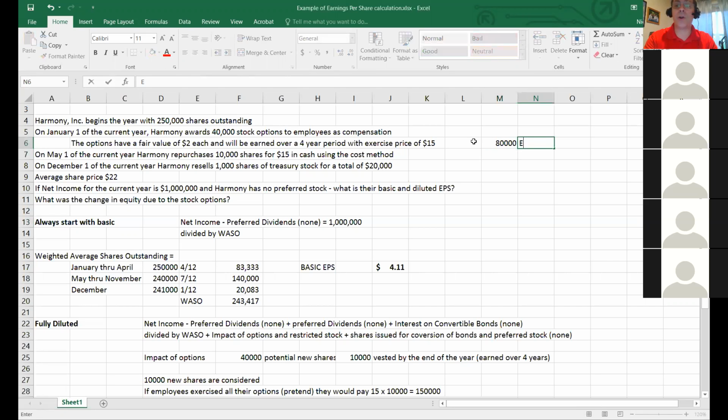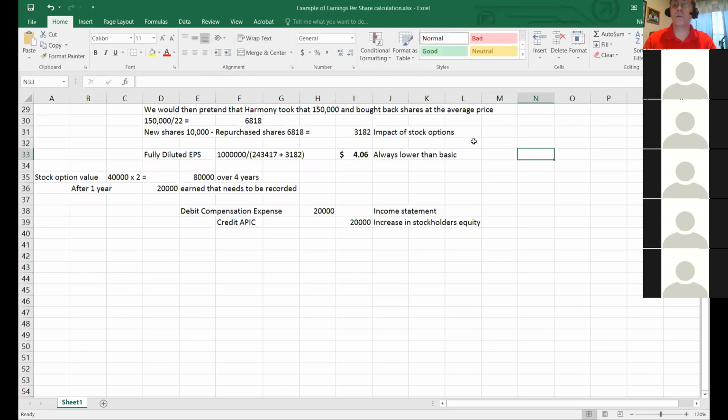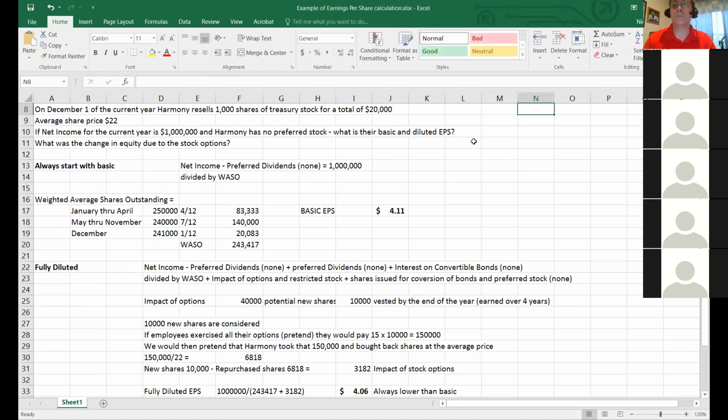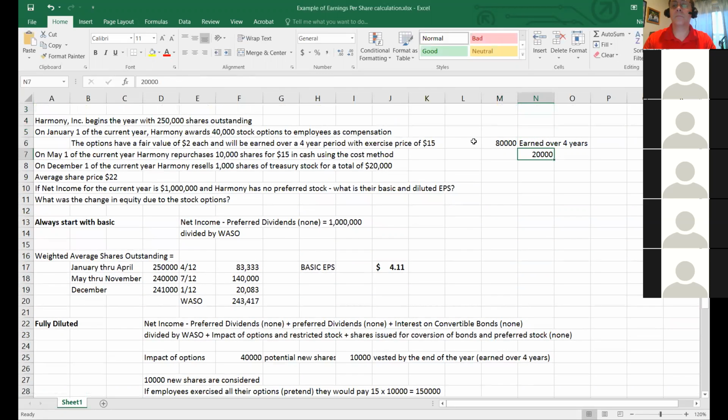That's going to be earned over 4 years. That means $20,000 per year.